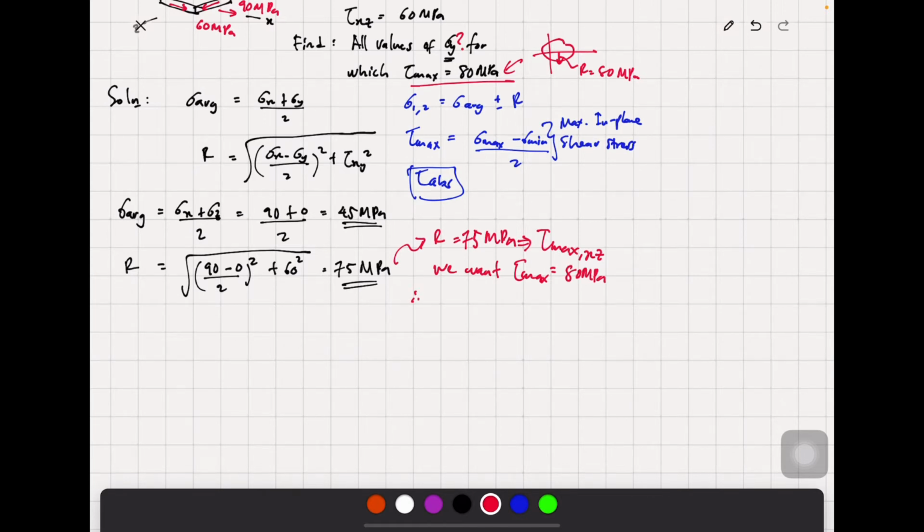So I'm going to write it down over here, saying that obviously we need a larger circle, right? Slightly larger than 75, which is R equal to 80 megapascal, for, of course, this XY plane.